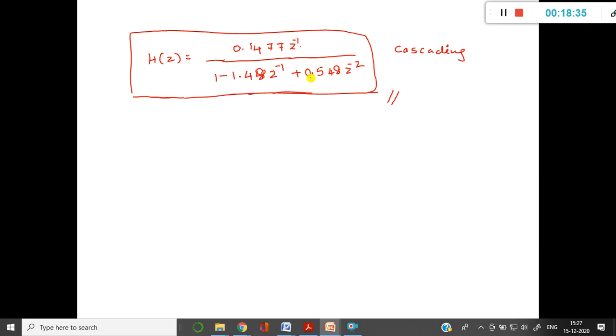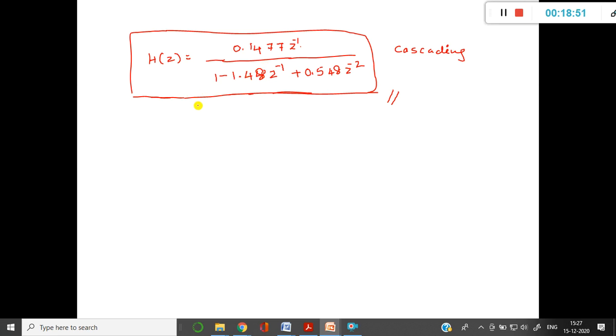So this is output by input function, right? So this is x of n and this is y of n, the denominator, right? So when you try to write this, you're going to get it in terms of h of n.